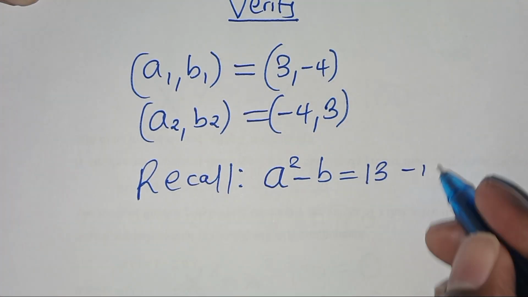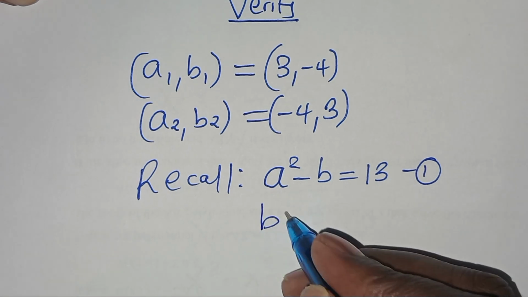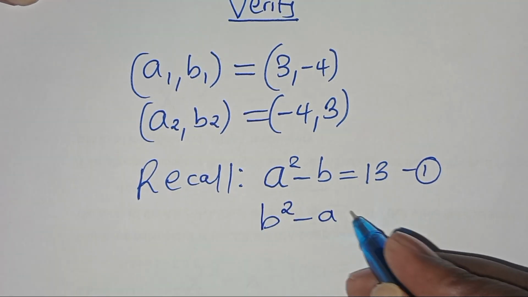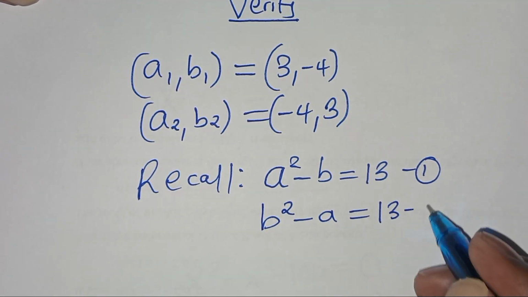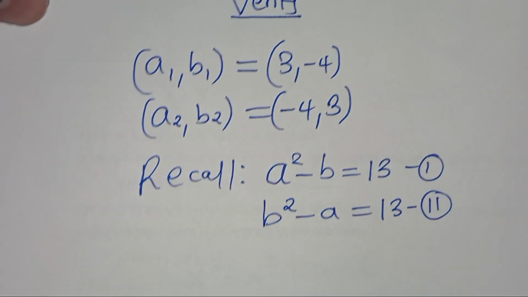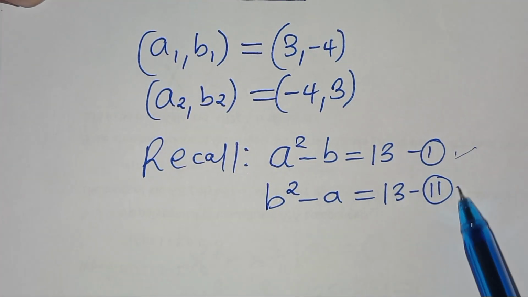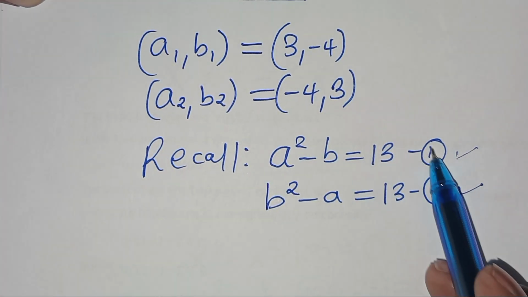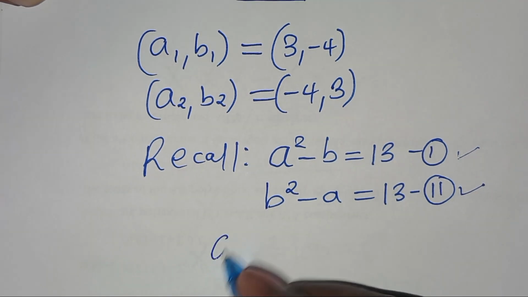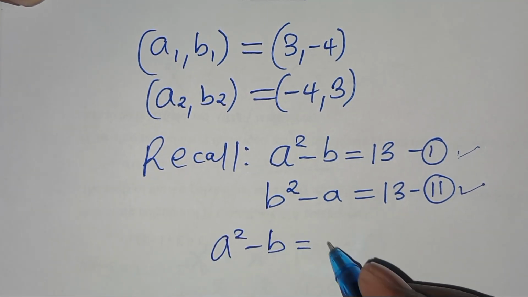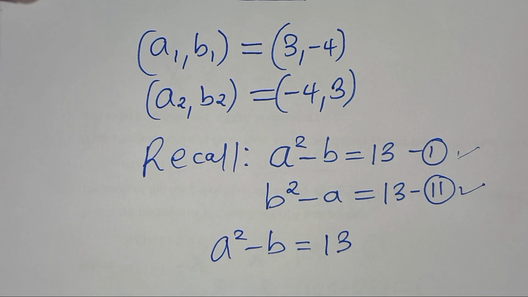Equation 2 is b squared minus a, which should also give us a value of 13. So we can either use equation 1 or 2. With reference to equation 1, a squared minus b should give us a value of 13.